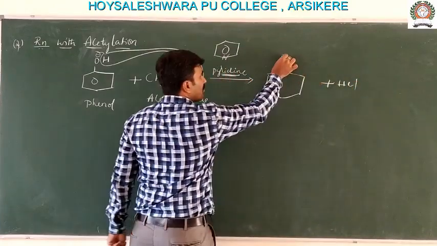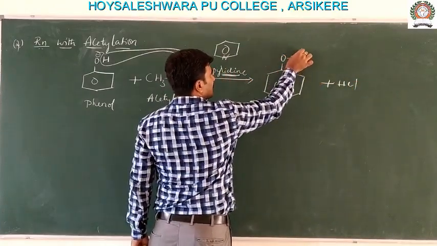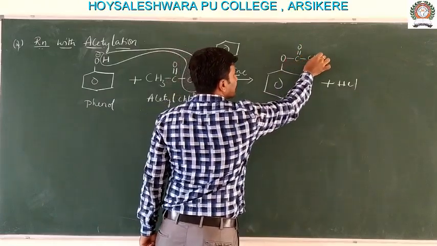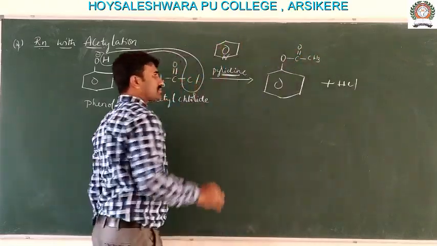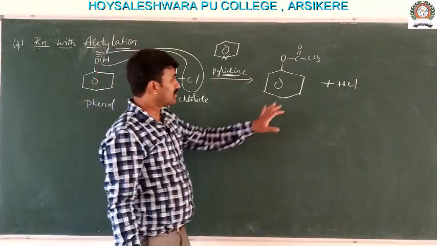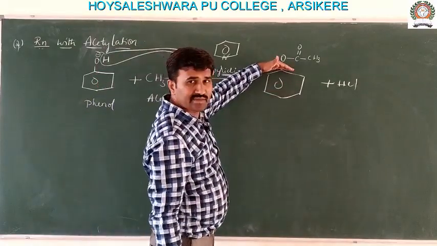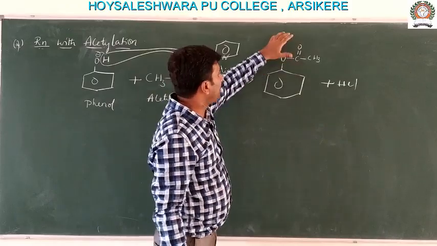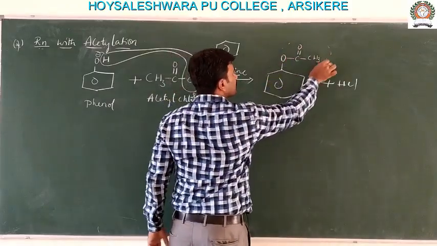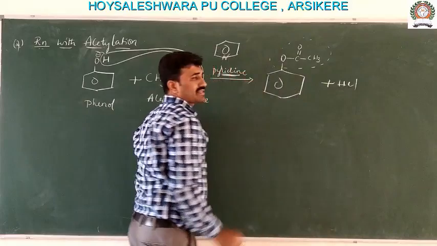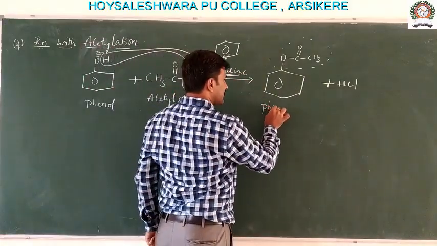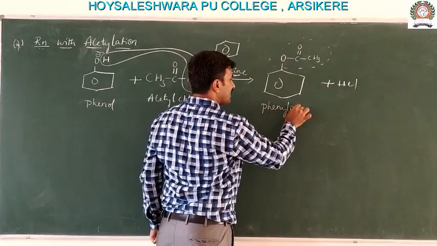HCl, and O minus attacks the electrophilic carbon, therefore O, C double bond O, and this is CH3. So, what is the name of this product? See, C6H5 is phenyl and this group is called as what? Acetate group, and the name of the product is phenyl acetate.